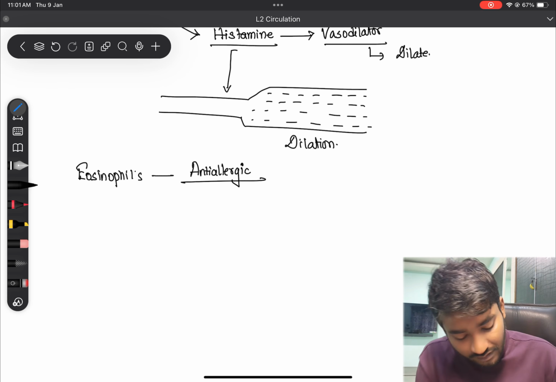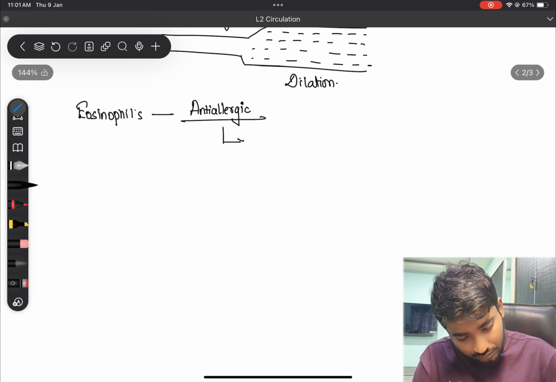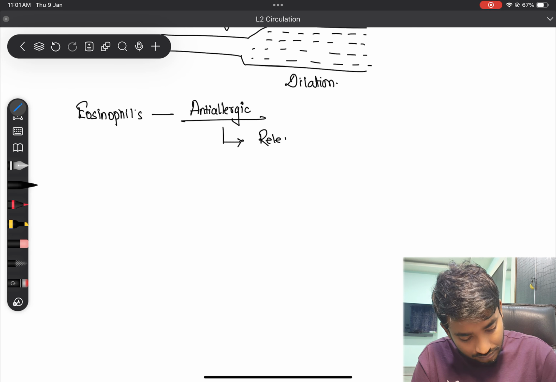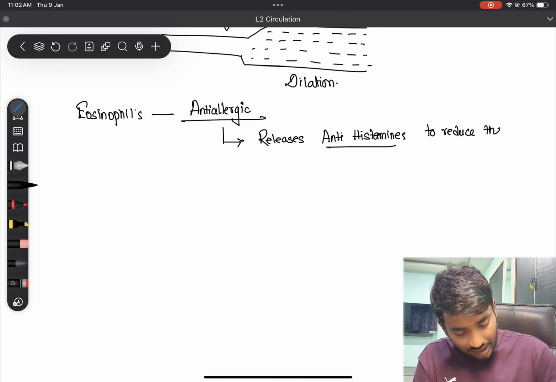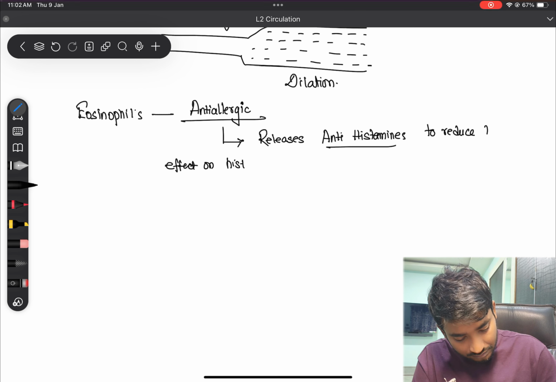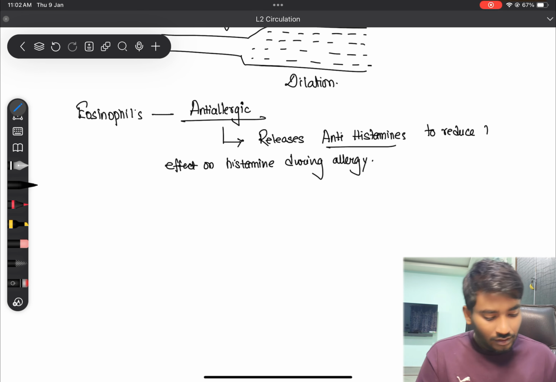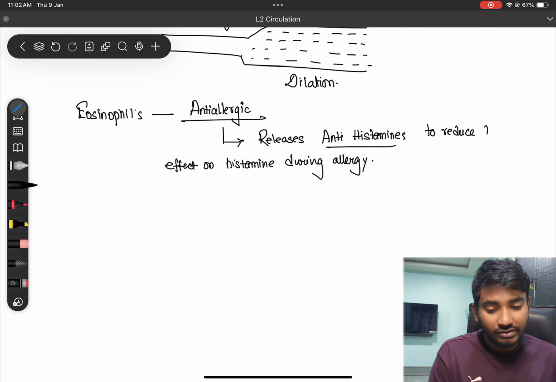Okay, it releases antihistamines to reduce the effect of histamine during allergy. It reduces the effect of histamine during allergy.